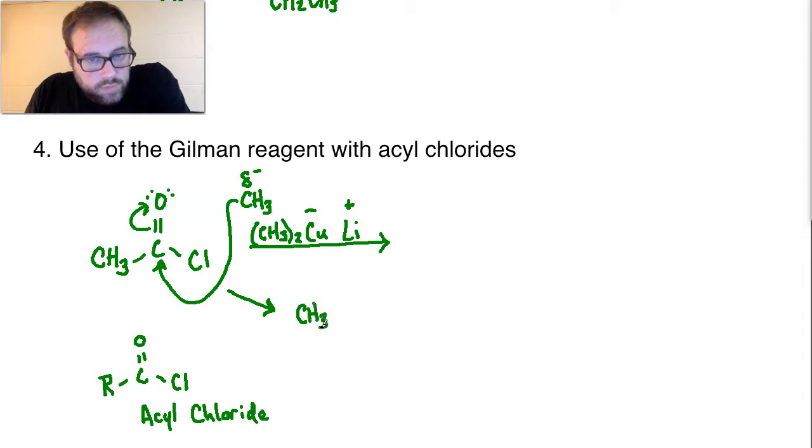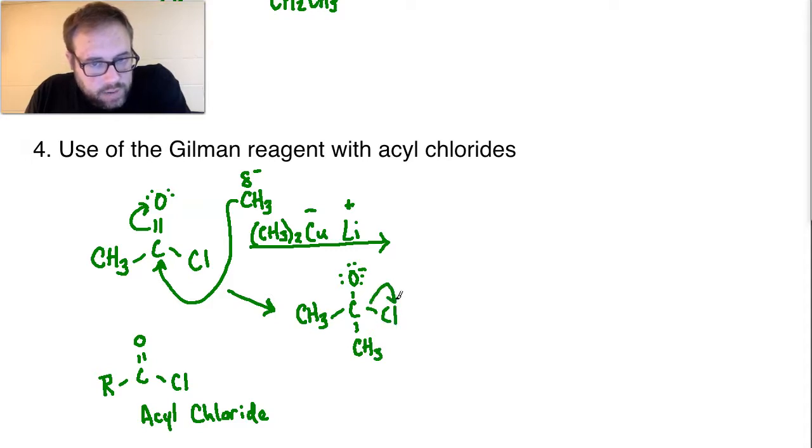Very similar to the first step of a Grignard, but here's the big difference. We don't, at this step, need to protonate this oxygen. In the Grignard, you would need to turn this into an alcohol at this point with some sort of acid. But we have a chlorine, and what we know about halides is that they make excellent leaving groups, and that's exactly what's going to happen.